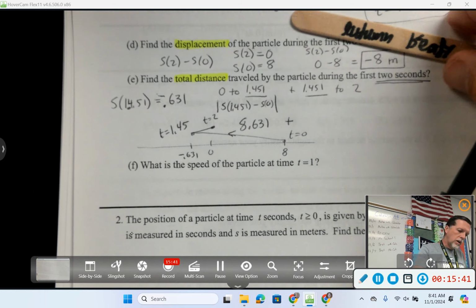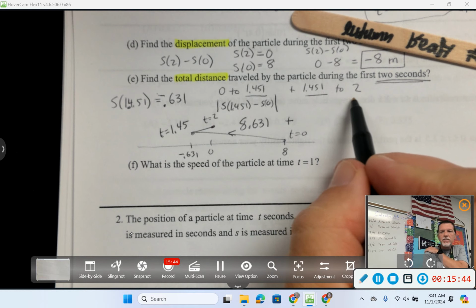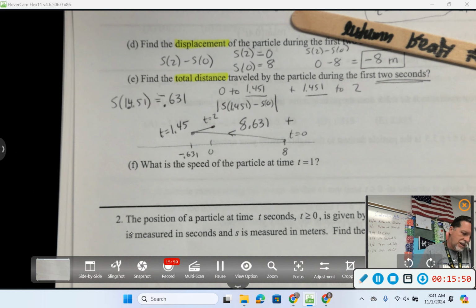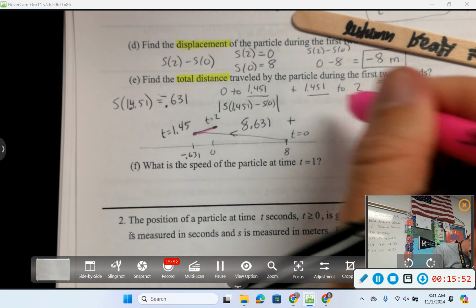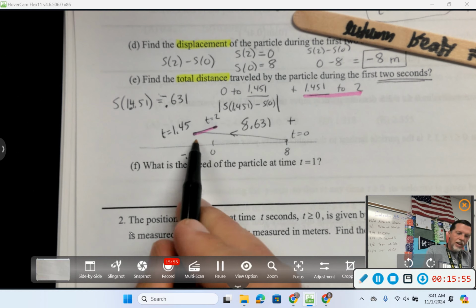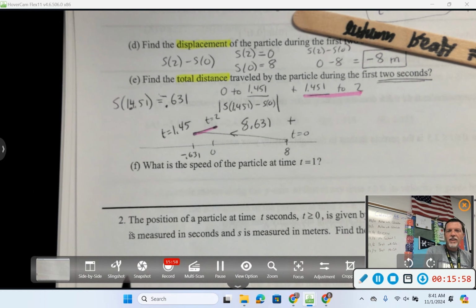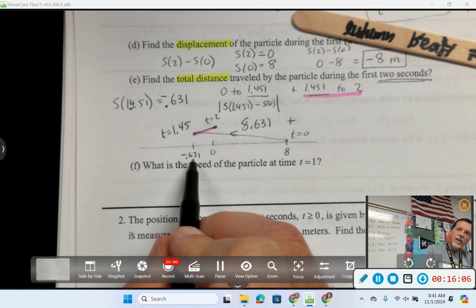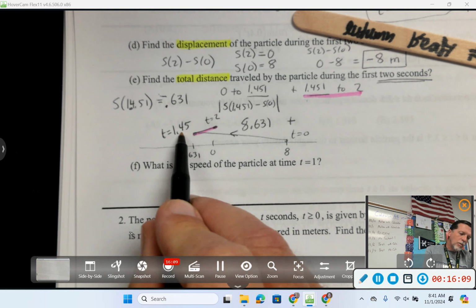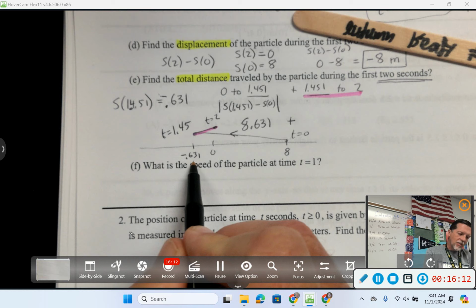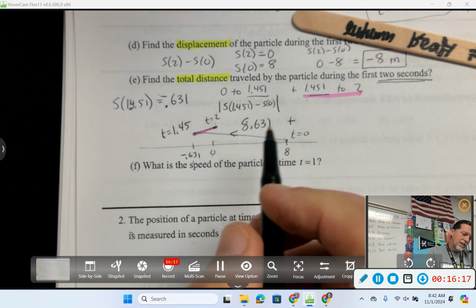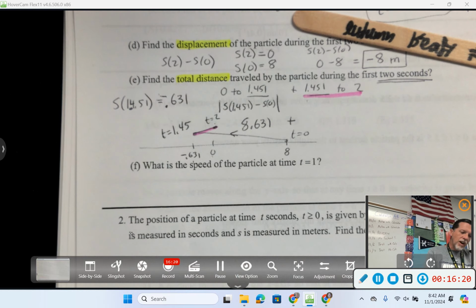So, Autumn, how far did I travel from 1.451 to time equals 2? How far is it from here to here? At 1.451, I was at negative 0.63. At time equals 2, I made it back to 0. So how far did we travel there?